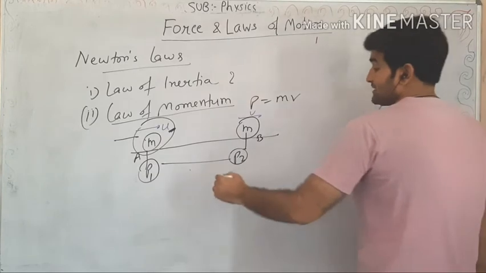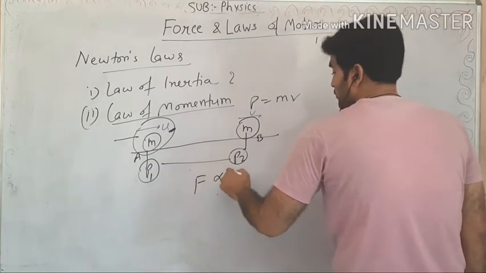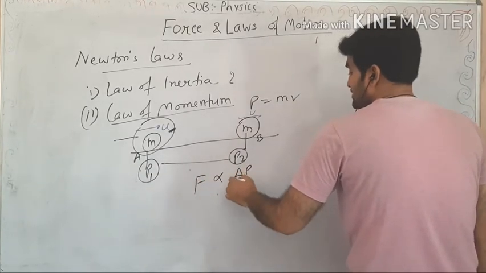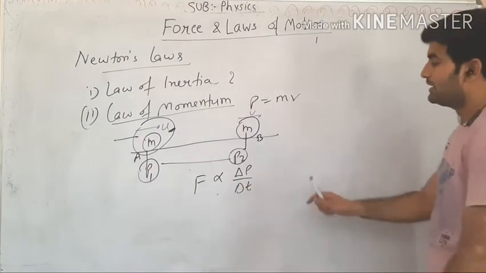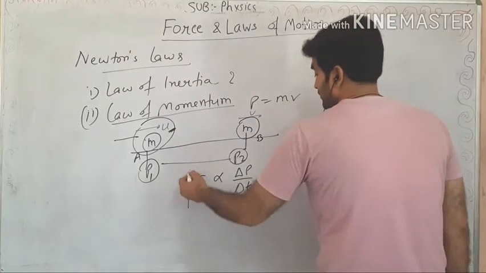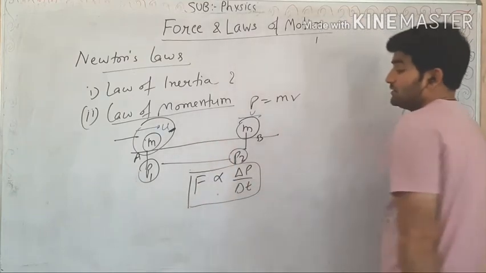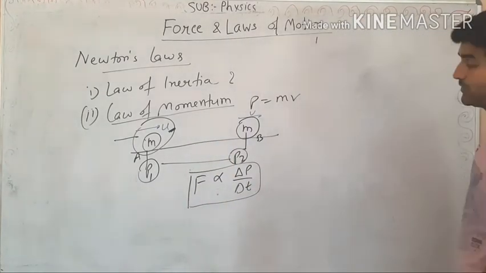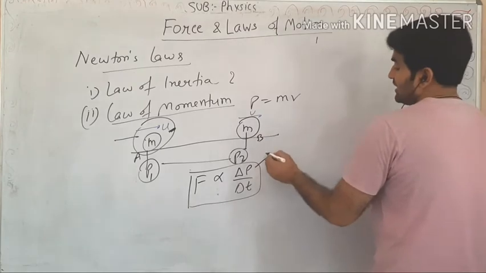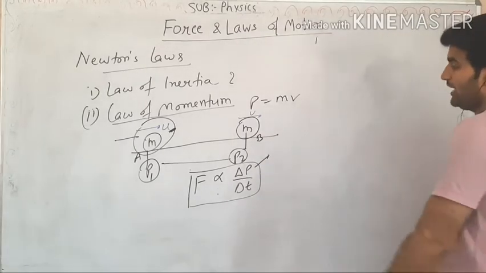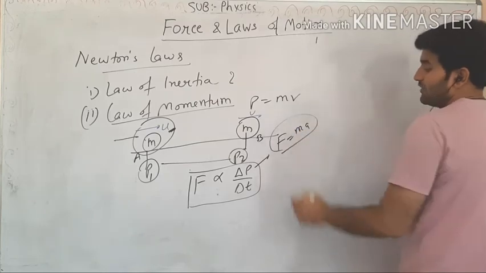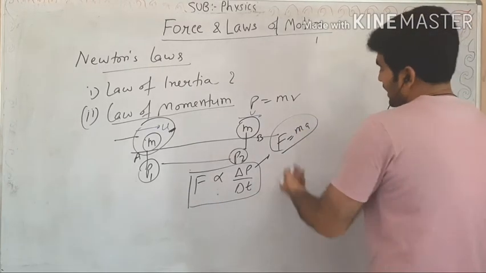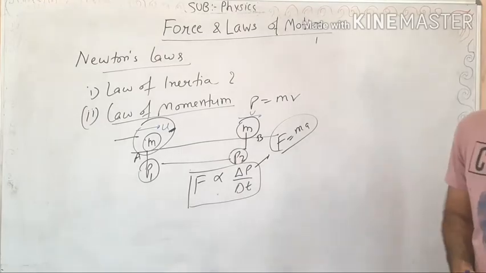So we say force is directly proportional to the rate of change in momentum, that is delta P upon delta T. Delta stands for change here. This is called the law of momentum. By using this concept, we can also write F equals ma. I will tell you in another video.